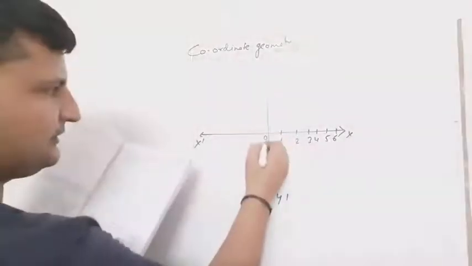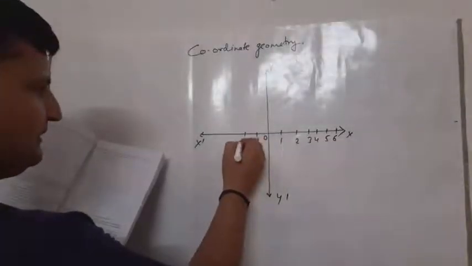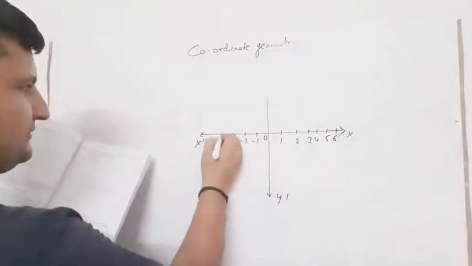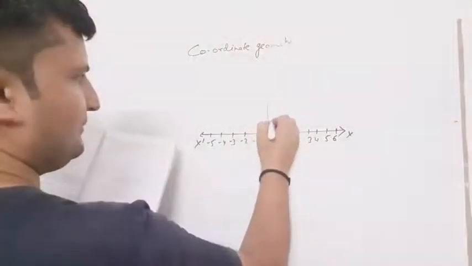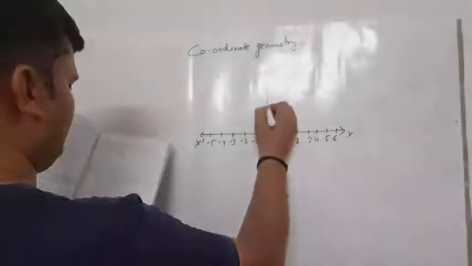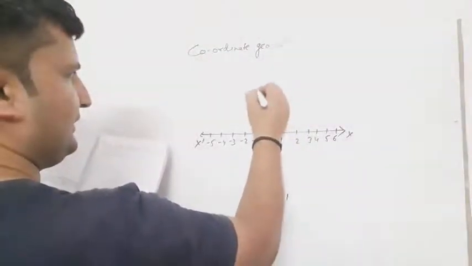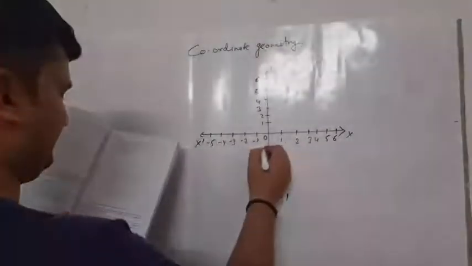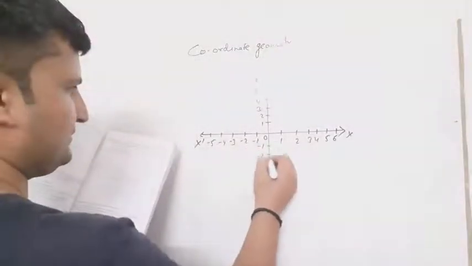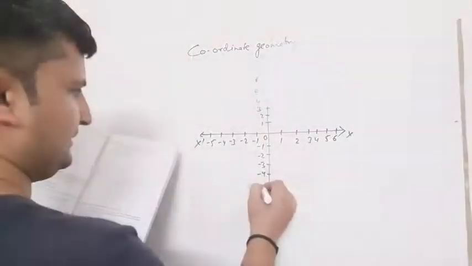Similarly here, this point is 0, then minus 1, minus 2, minus 3, minus 4, minus 5. On the other axis, 1, 2, 3, 4, 5 and 6. Similarly here, minus 1, minus 2, minus 3, minus 4, minus 5.